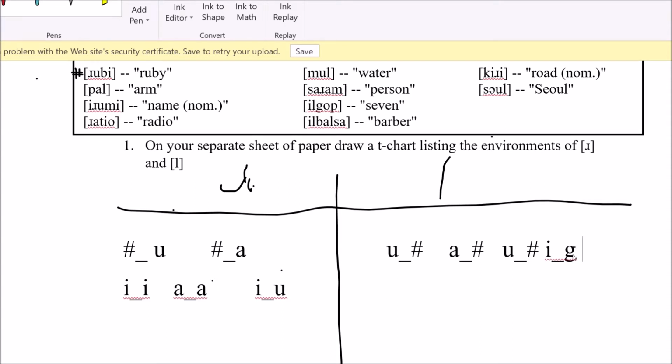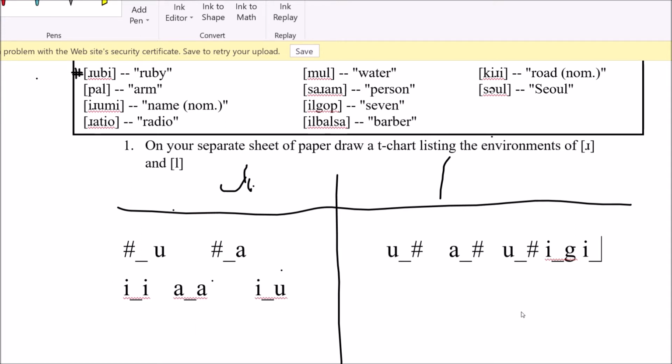The last environment that we see the ol sound in is the word ilbalsa, meaning barber. It appears twice, so we want to record both of these because each time we see it tells us something about when this sound appears. So here in the beginning, it appears between the E and B sounds.